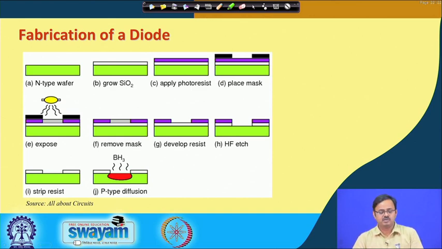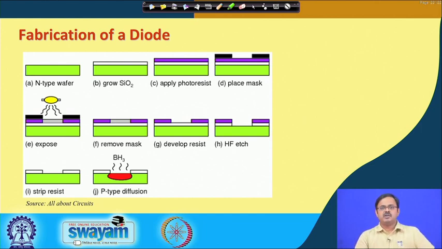So, what do I have now? I have a device which is an N type silicon still with a silicon dioxide layer and then a layer of photoresist at certain locations. Okay.